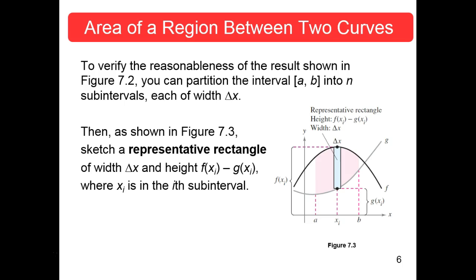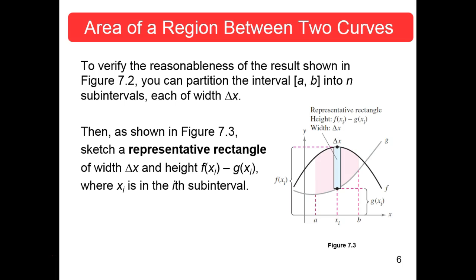But where they are equal, that would be fine. They did A to B, so you're completely in the domain where f is greater than g.